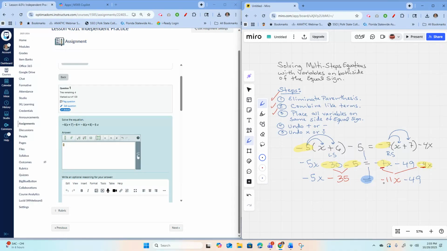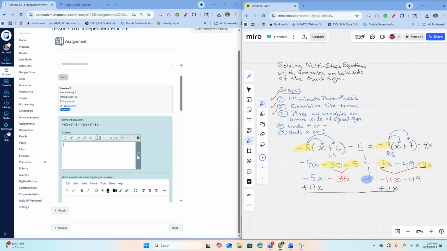And the way you get rid of that, you see the sign of the 11? That means that we're subtracting 11x. So the opposite of subtracting 11x is we're going to add 11x. And remember, whatever you do on one side, you do on the other side. I'm going to write plus 11x under the -5x because they both have an x in common. Always line up by like terms.